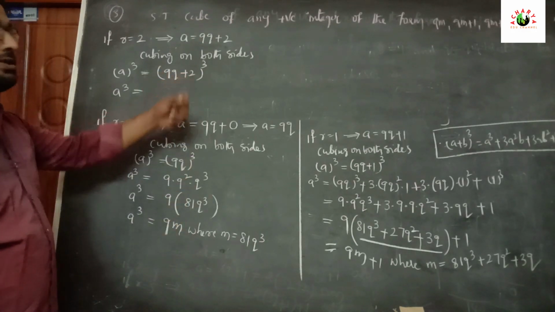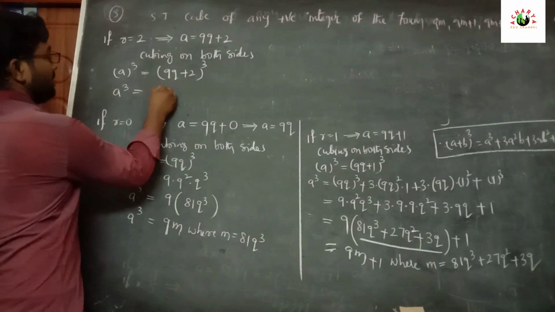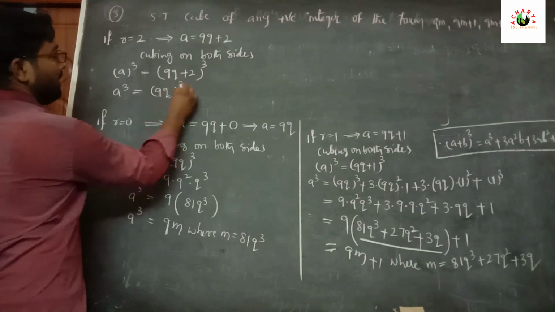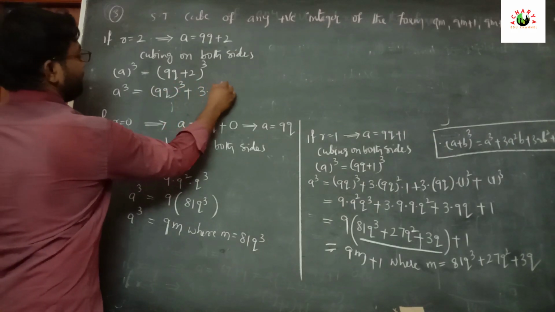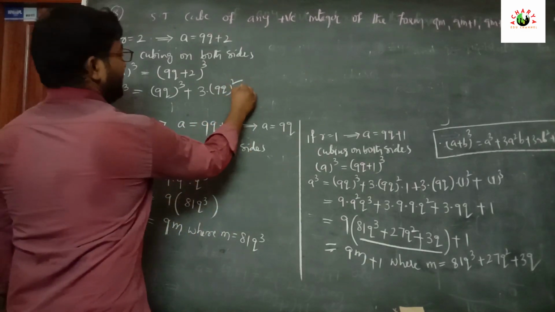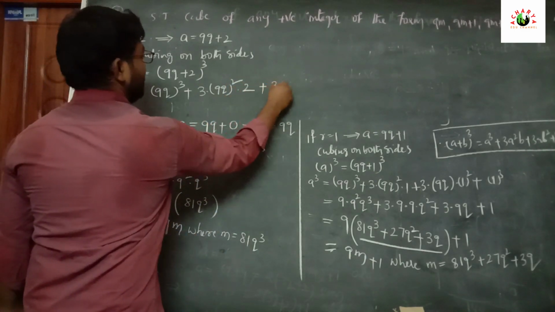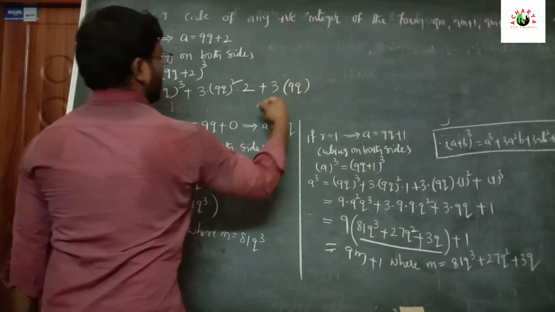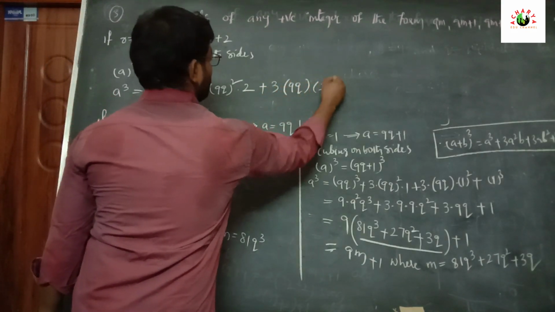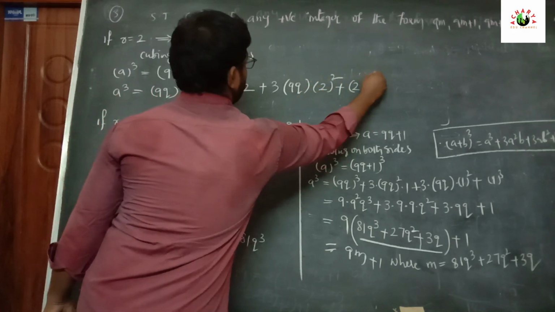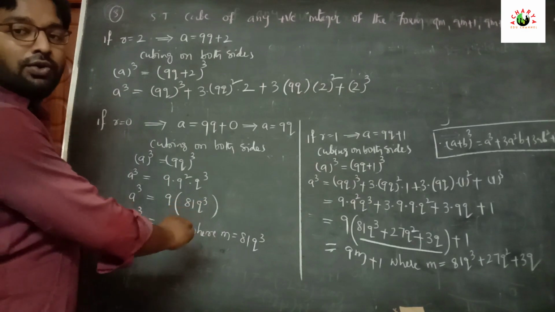So write down here (9q) whole cube, a cube, plus 3a square, that is (9q) square, b is 2, plus 3ab square: 3 into the a value 9q, and b value 2 square, plus b cube, meaning 2 cube.